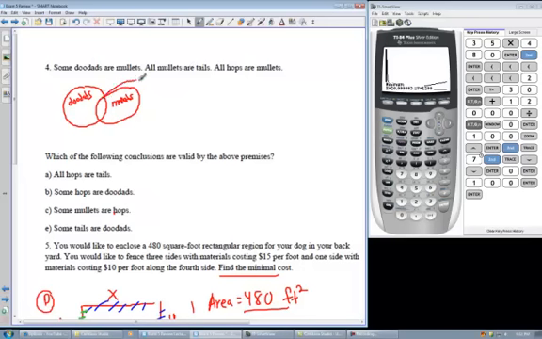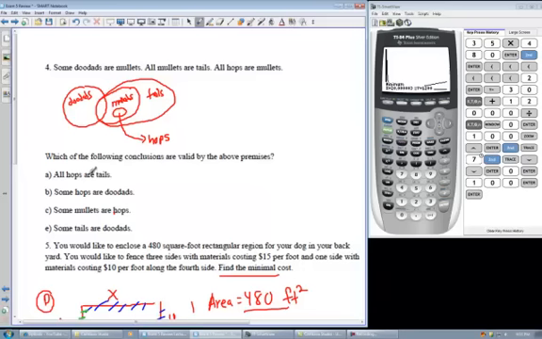But I'm going to be careful how I draw this. Right? It doesn't say that I go past the mullets. So this is my tails circle. And then over here I have all hops are mullets. So inside here I have a hop circle because all hops are mullets. So I'll have to draw an arrow. Right? This is my hop circle. Okay, so from this picture, hopefully I can answer these questions.